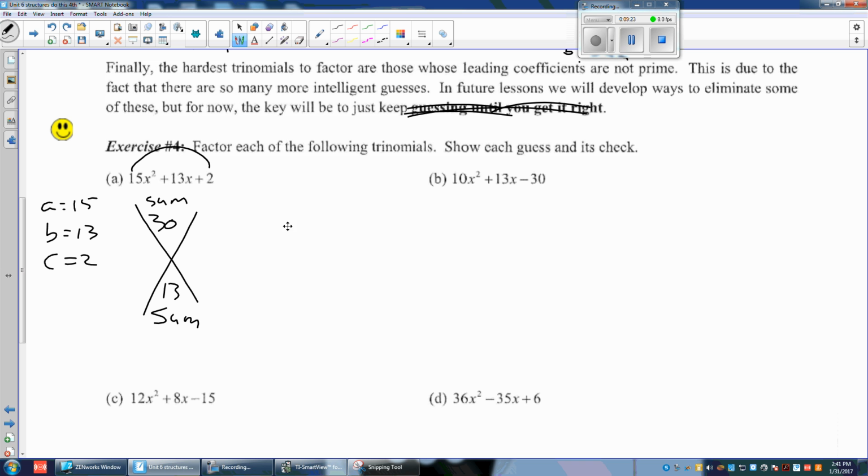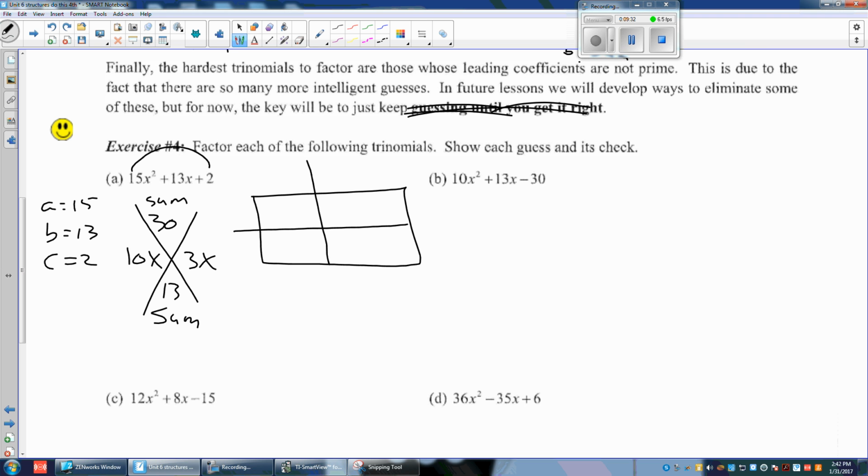So we write here 10x and 3x. We draw our box. The 15x squared goes there. The 2 goes there. And then it doesn't matter, 10x and 3x, or it could be 3x and 10x.